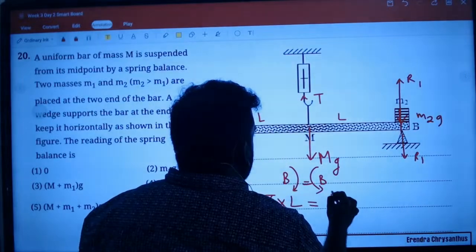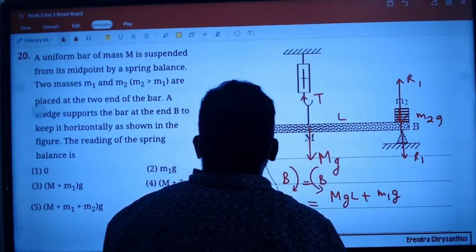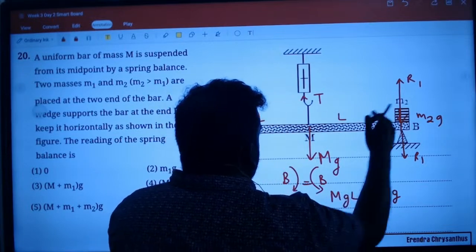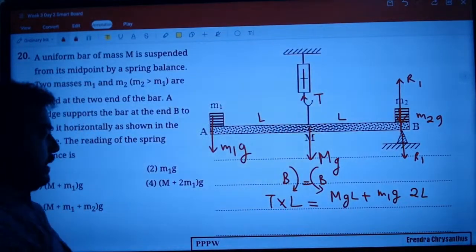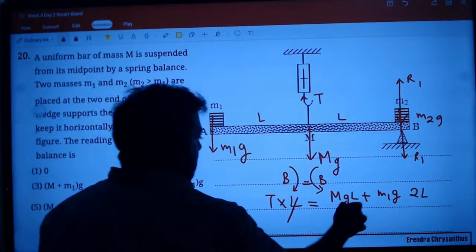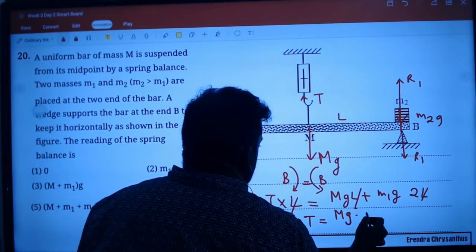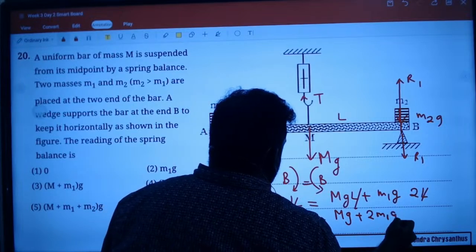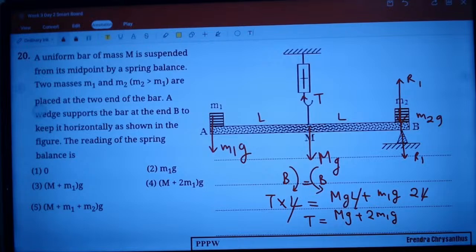Anti-clockwise: Mg times L plus m1g into the distance from here to here, how much? 2L. They are asking tension, all the lengths will cancel off. Tension equals capital Mg plus 2m1g. Correct answer is answer number 4.